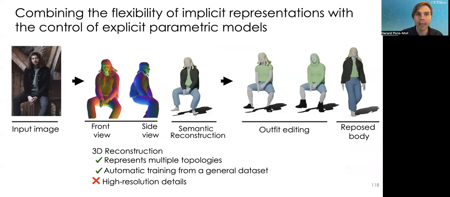And yeah, combining the flexibility of implicit representations with the explicit control of parametric models like SMPL, we can recover these layered models from images. Now, the quality here is not great, but that's not a deficiency of the model. It's rather a deficiency of the data that was used.